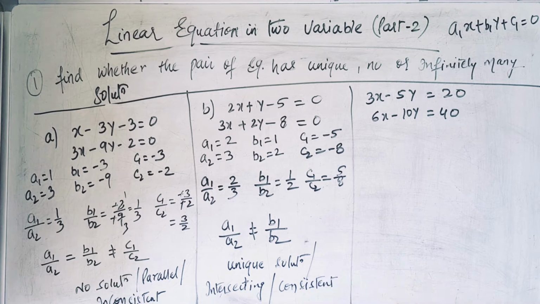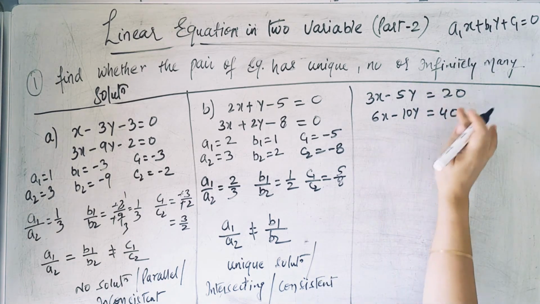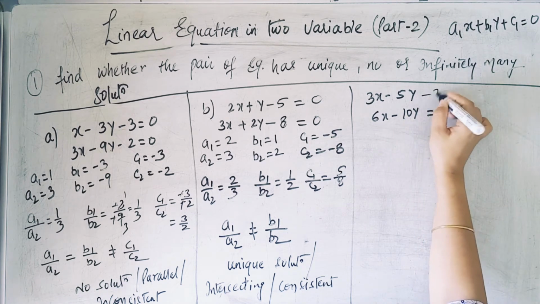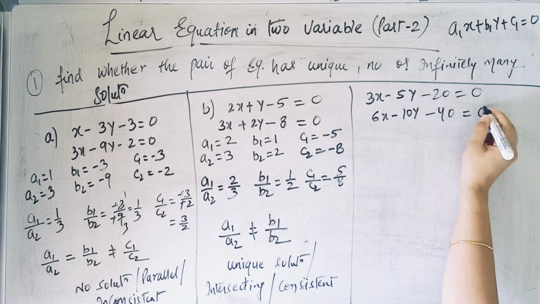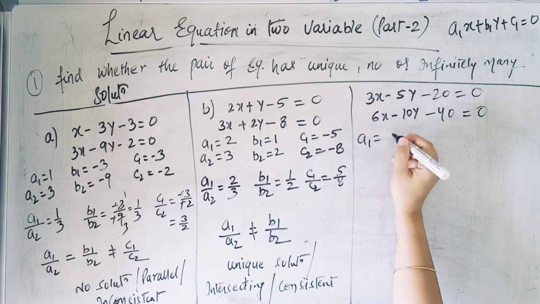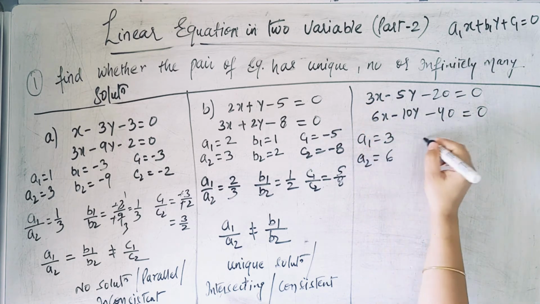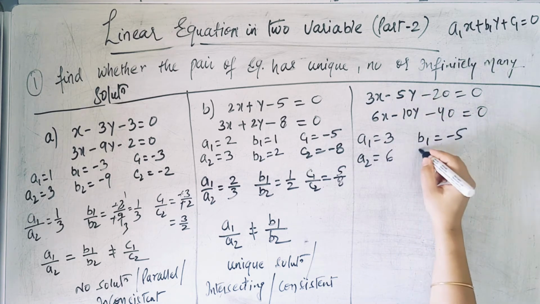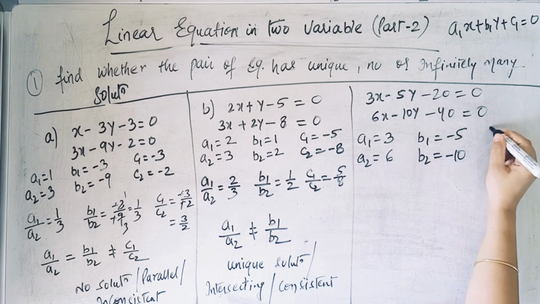Consistent. Now over here we'll shift this 20 to this side and this 40 to this side because we want equals 0. So minus 20 equals 0 and here we'll get minus 40 equals 0. A1 is again the coefficient of x in the first equation. A2 is the coefficient of x in the second equation. B1 is the coefficient of y in the first equation and B2 is the coefficient of y in the second equation.